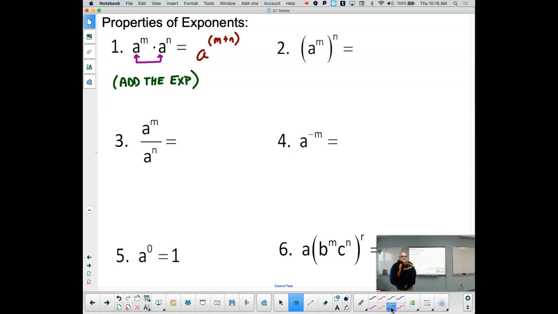When you have an exponented term and you take that to another exponent, that is when we multiply the exponents. So this would be a to the m times n power.